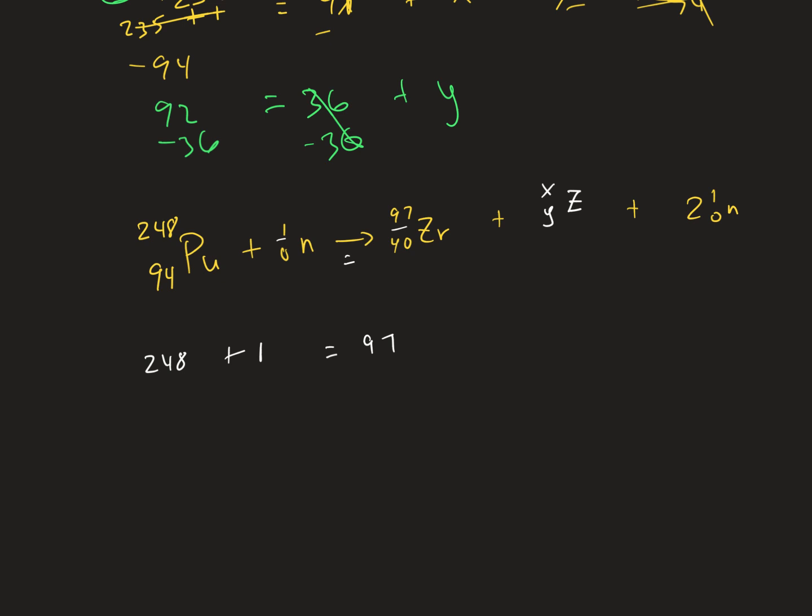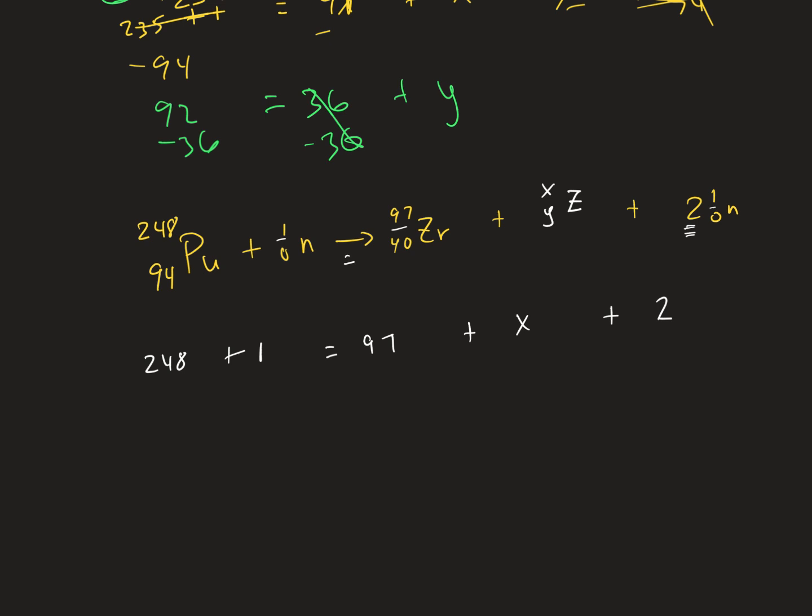It doesn't matter. Okay? And so I'll say plus. We're dealing with the mass, so I'm going to say plus X plus what? We have 2 neutrons. Each of them has a mass of 1. So that's going to be plus 2. You follow? Because there's 2 of them. Okay?